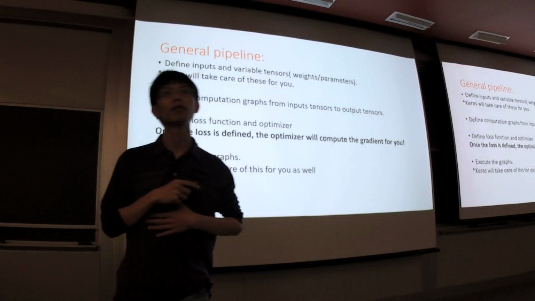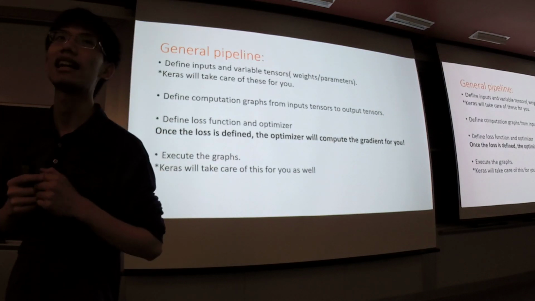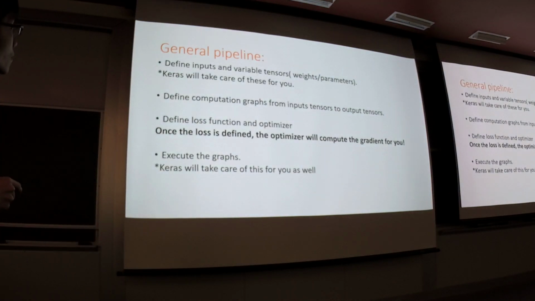And the variable will be the weight and bias. If you are using Keras, you don't need to do this. You just say, I want this layer, I want this layer. Keras will take care of them for you.